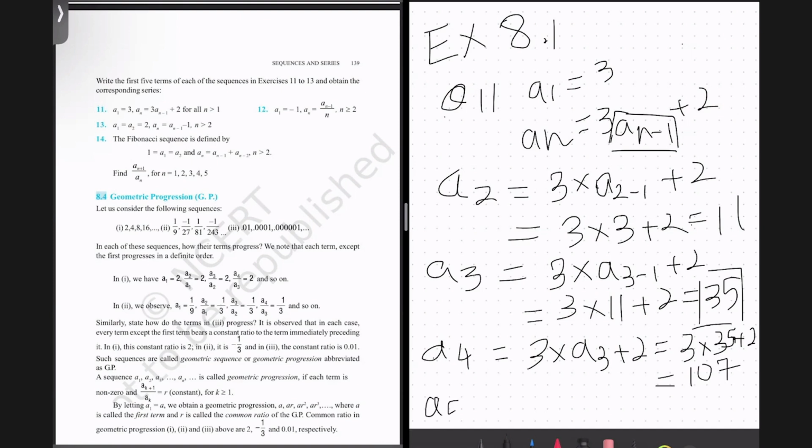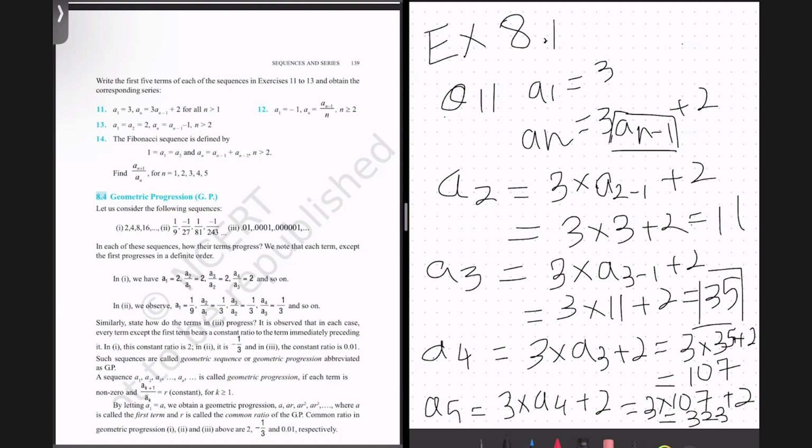For the final term, we have 3 into A of 4 plus 2, 107. So that is 3 into 107 plus 2. 107 into 3 is 321, and 321 plus 2 is nothing but 323.